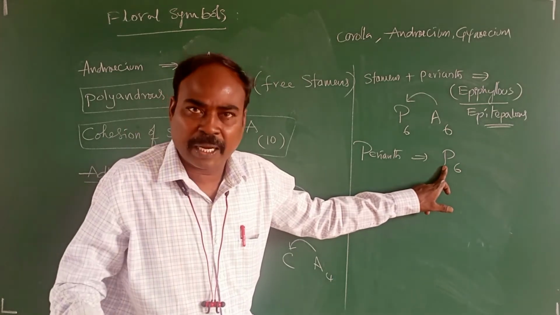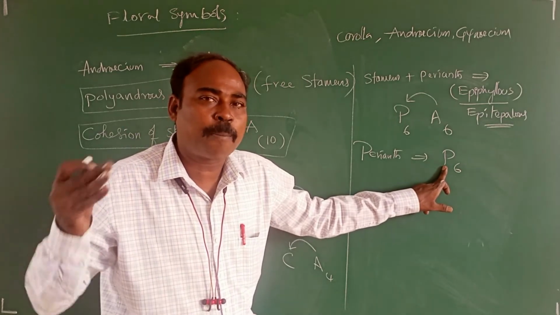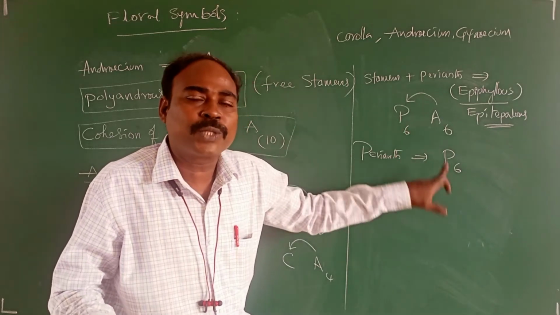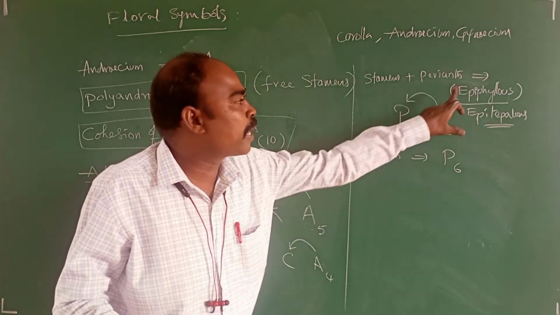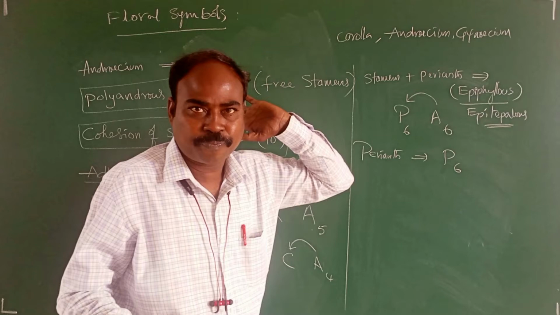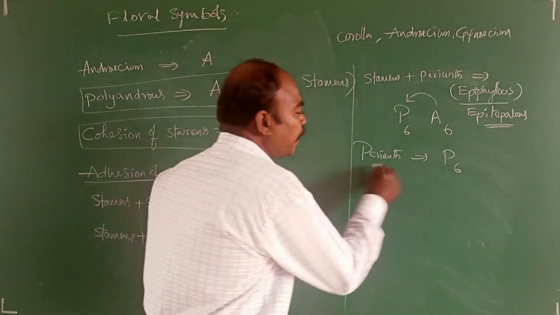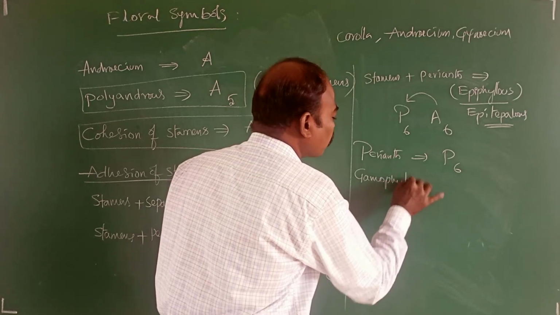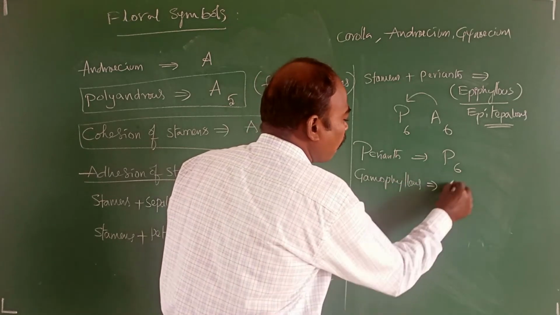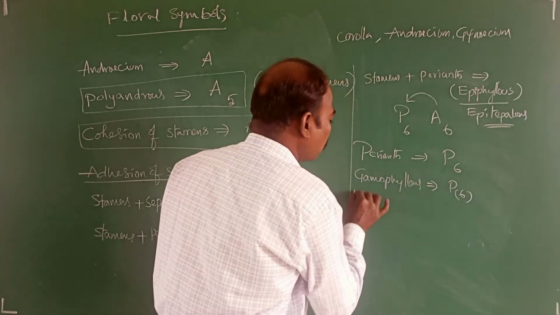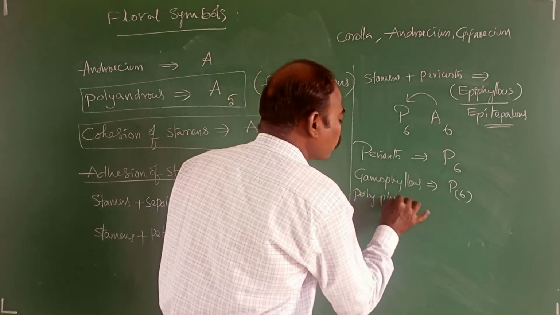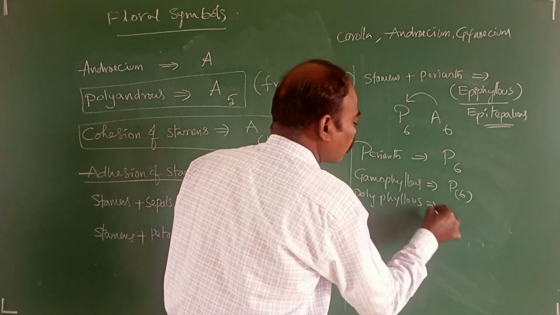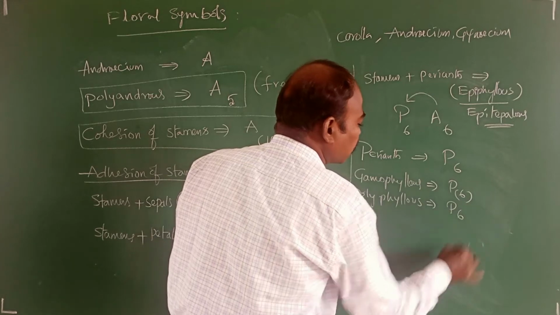Calyx is made of sepals, and corolla of petals. So it is epitepalous. The perianth can also be gamophyllous, P6 fused, or polyphyllous, P6 free.